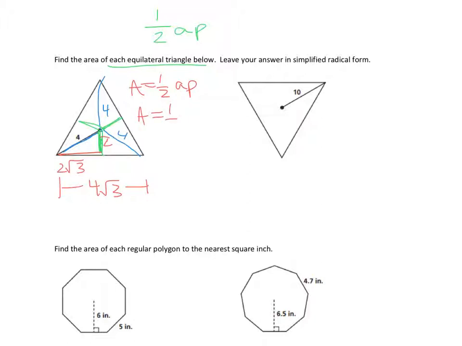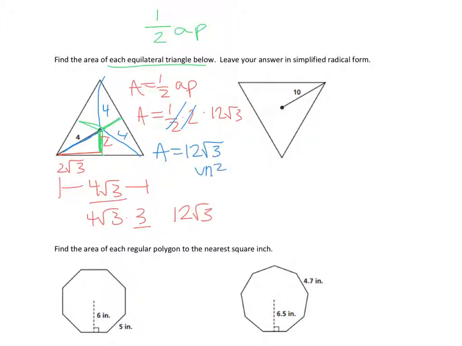Area equals 1/2 the apothem, which is 2. And the perimeter is going to be 4 root 3 times 3, because there's 3 sides. So the perimeter is 12 root 3. So it's going to be times 12 root 3. So 1/2 and 2 cancel out, so my area is 12 root 3 units squared.